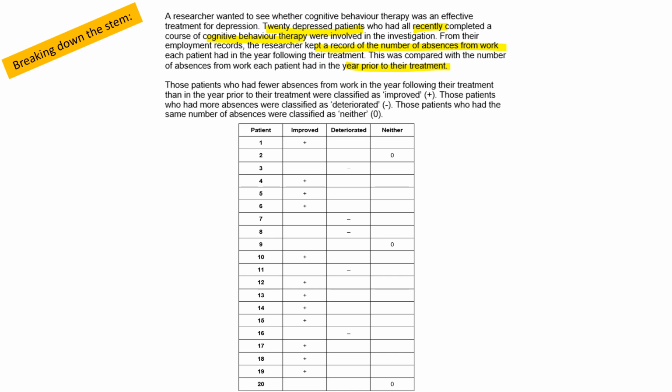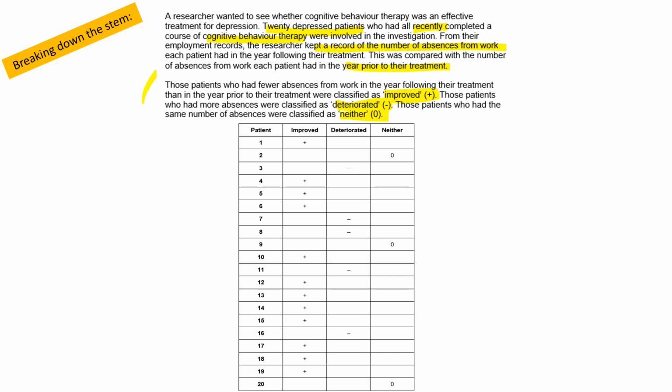Now, those patients who had fewer absences from work in the year following their treatment than in the year prior to their treatment were classified as improved. And we can see the improved has been represented with a plus sign. Those patients who had more absences were classified as deteriorated, and that's where they've been associated with a minus sign. And patients who had no differences have got 0.